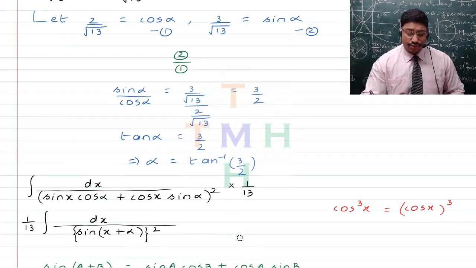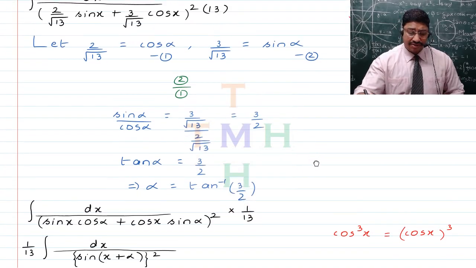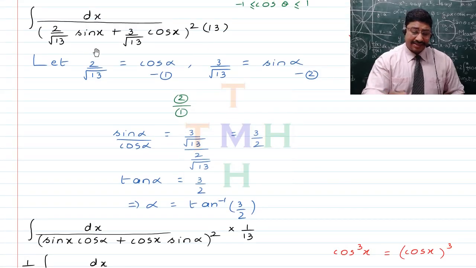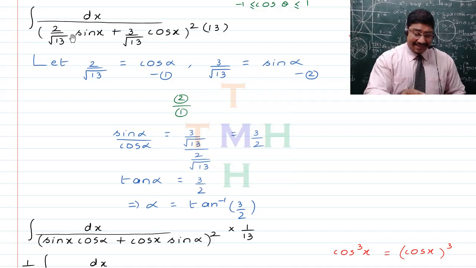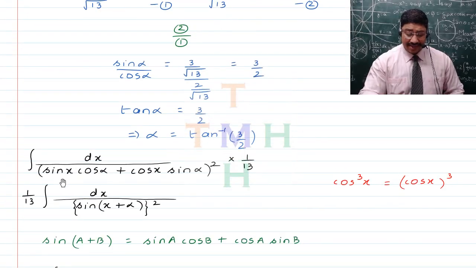Next, now children, what you do is you now get back to the function with the assumptions that you've taken. That is, here you have dx upon sine x cos alpha plus cos x sine alpha, right? In accordance with your assumption, you whole square it, and this is also multiplied by 1 by 13. This 1 by 13 will come outside.